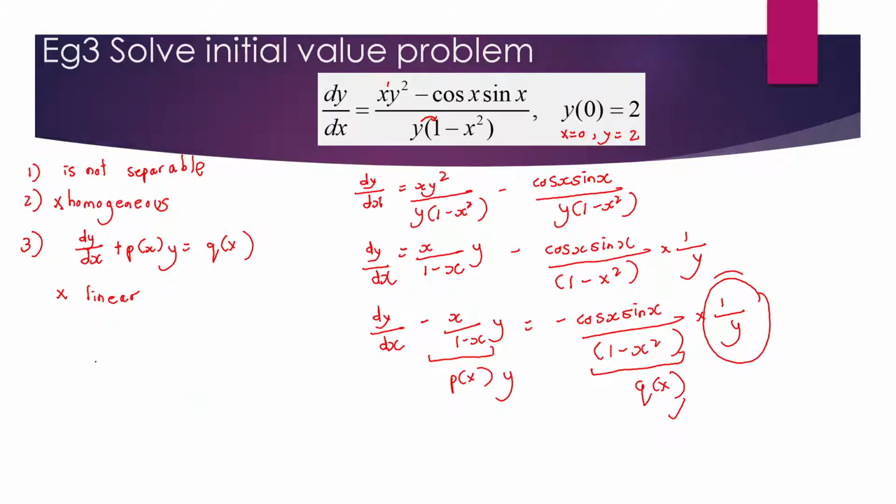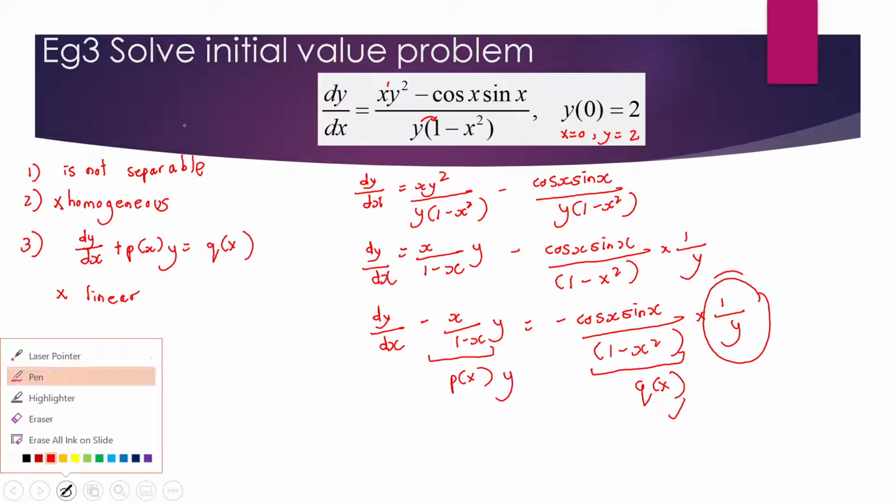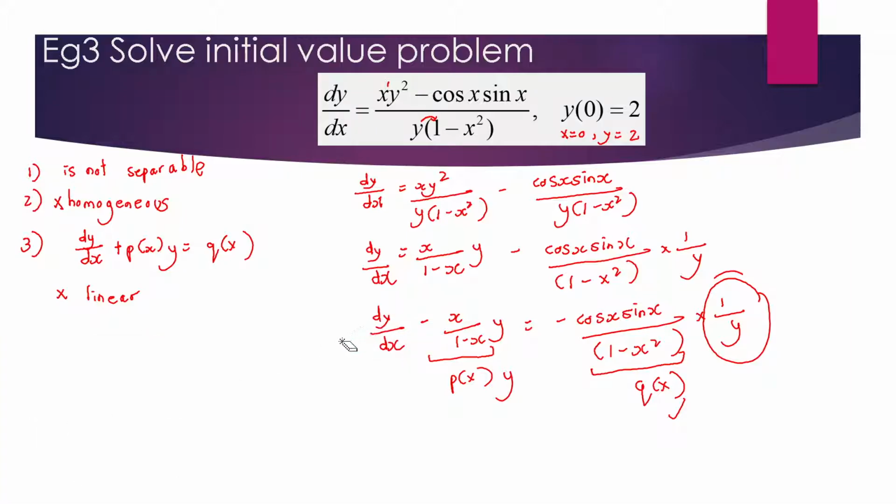Hence, let's check whether this is an exact differential equation or not. For first order, we just learned these 4 types: separable, homogeneous, linear, and exact differential equation. Let me erase all these things.